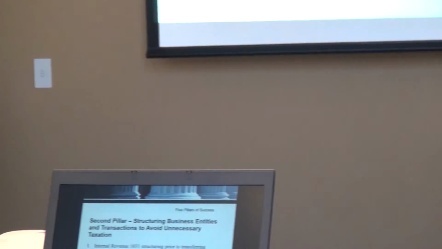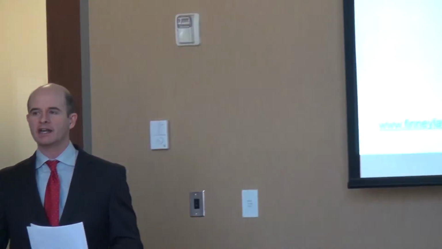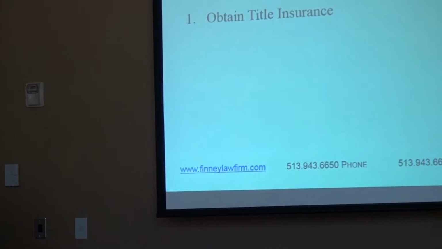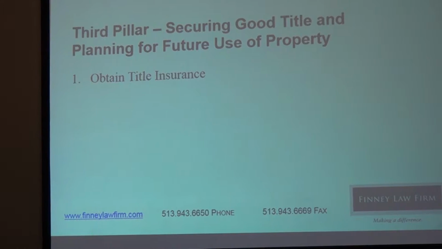So that'll take us to the third pillar of success. The third pillar is securing good title and planning on future use of the property. Title insurance is a one-time title insurance policy that you buy that insures you and the banks against financial loss associated with the mortgage not attaching to the property or being misreported, and also insures your title to the real estate.